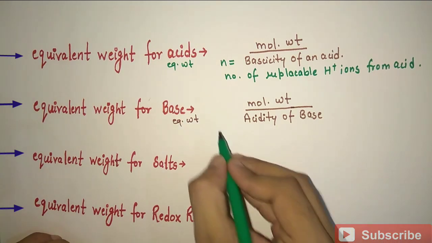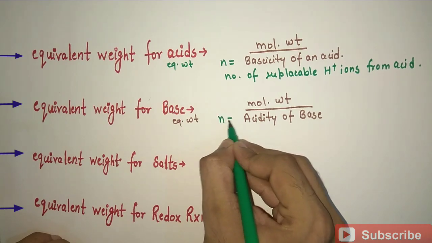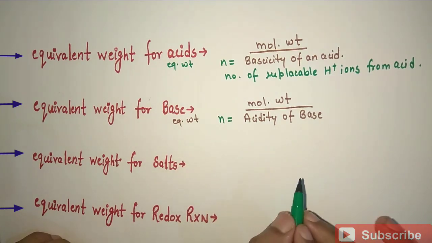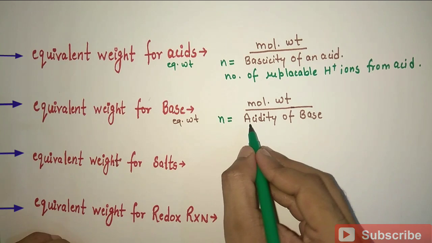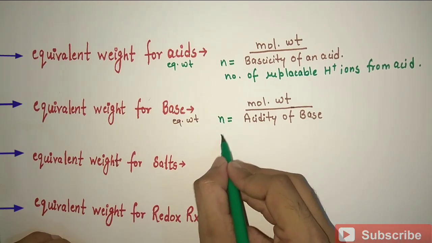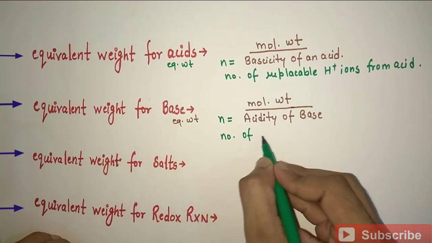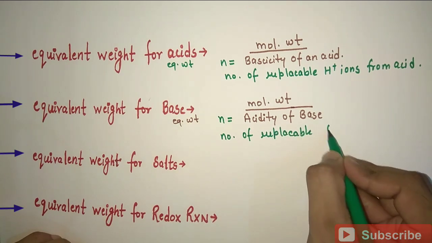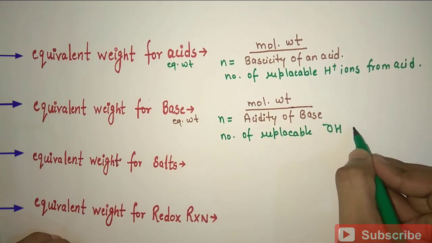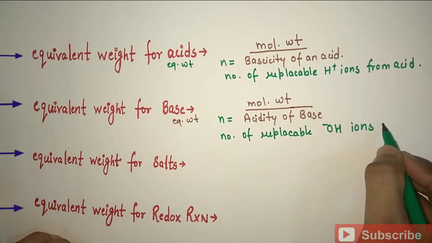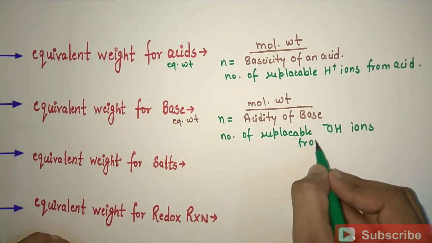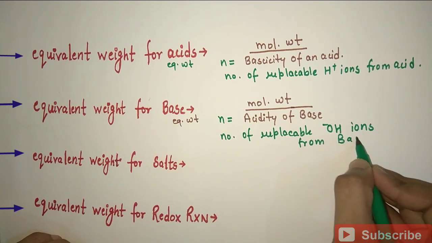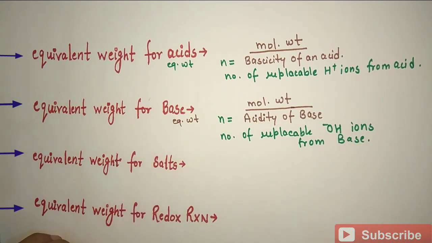So in this case, the equivalence factor N is equal to the acidity of the base. And what is acidity of a base? It is the number of replaceable OH minus ions from the base. So this is the formula for equivalent weight for base.